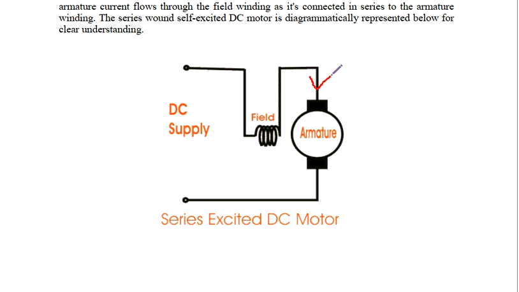This will be IA and this is IF, means both are same, so we cannot independently control them. They are dependent. They are exactly equal to each other, right?